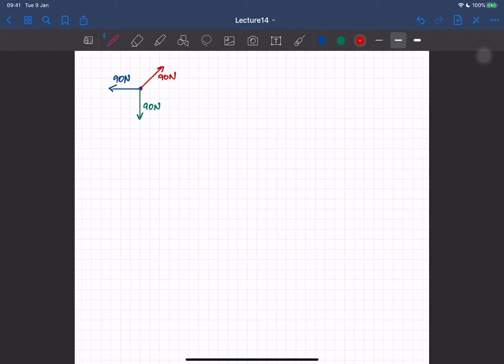So we need to add these forces together. We add this one and this one first to get F prime. F prime here is 90 newtons times square root of 2.